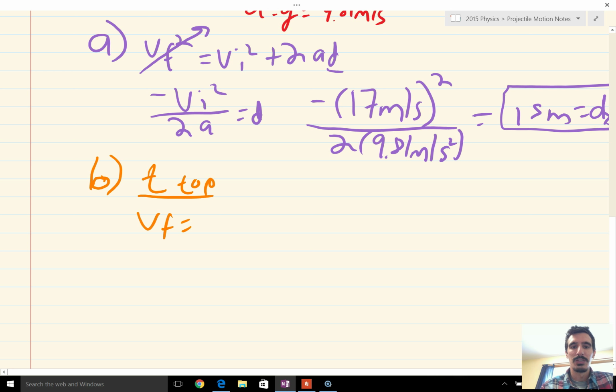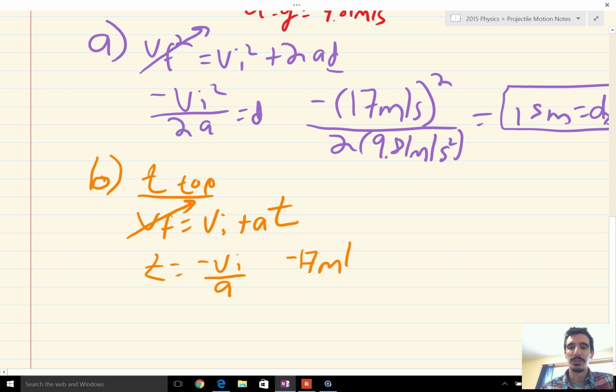Vf equals Vi plus at. Again, Vf is 0. Get t by itself, so t is negative Vi over a. Plug and chug, negative 17 meters per second over negative 9.81 meters per second squared. And we get approximately 1.7 seconds.